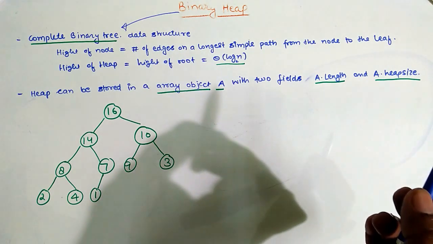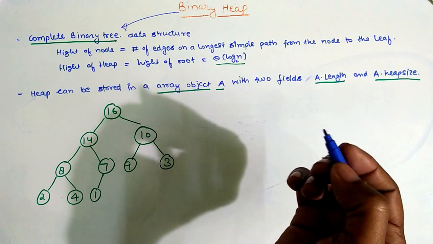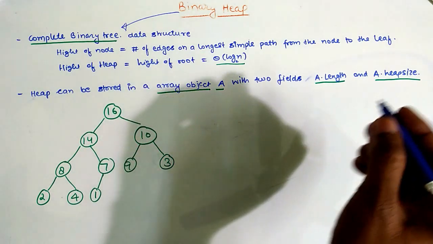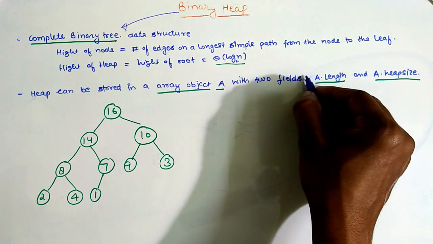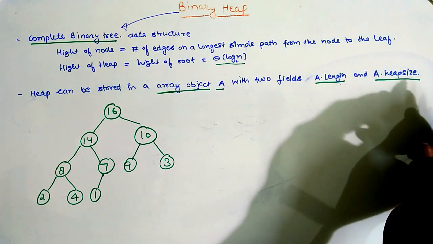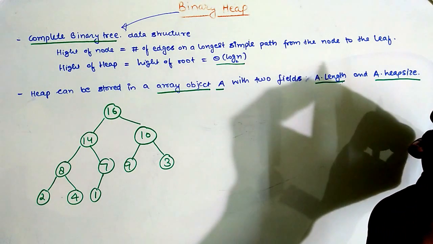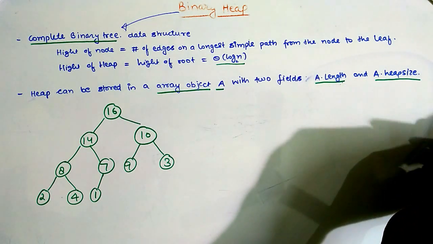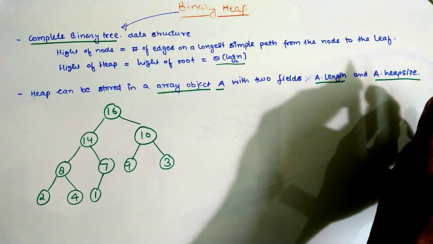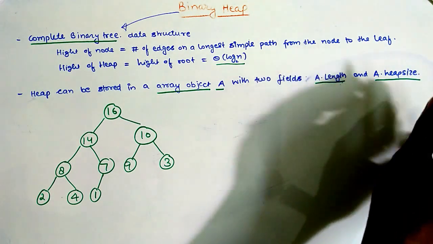Now these binary heaps can also be stored in an array object with two fields, which are the length of the array and the heap size. The length of the array tells you how many elements there are in the array, and the heap size property tells you how many elements there are in the heap which satisfy the heap property.